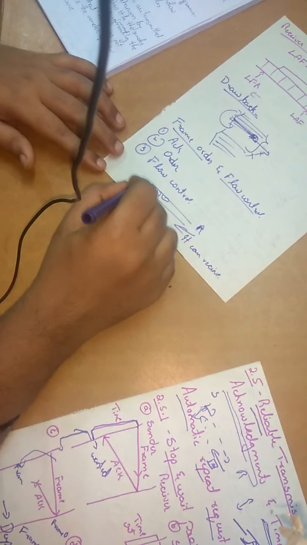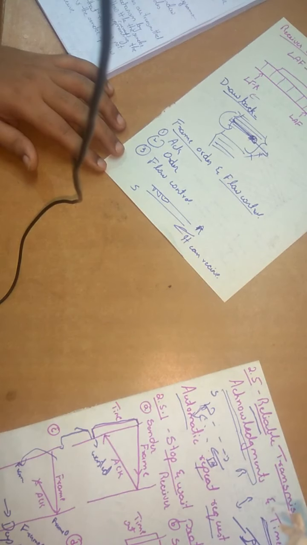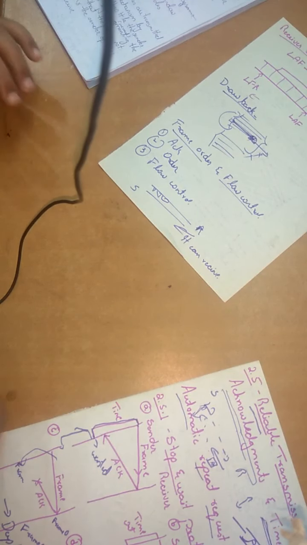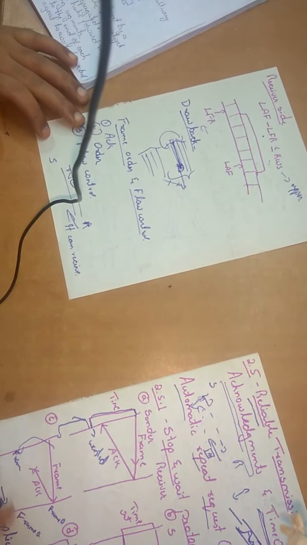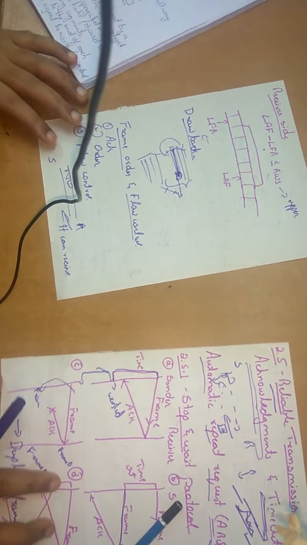Based on that, the sender slows down, meaning the number of packets sent is reduced. This is what we call the flow control of the sliding window protocol. So these are the stop and wait and sliding window protocols.